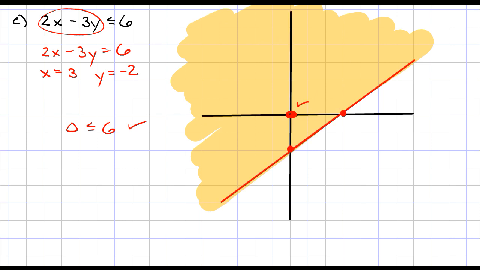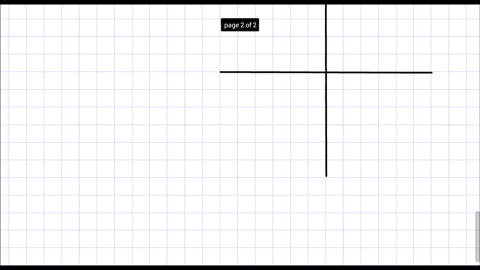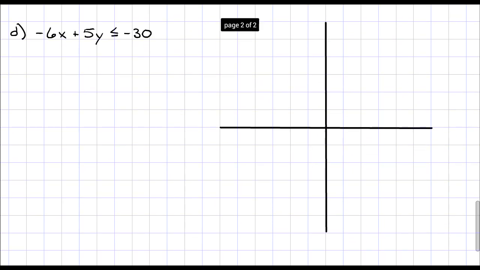Okay, one more part to this problem. Minus 6x plus 5y less than or equal to minus 30. So again, I start off by treating it as if it were an equation.